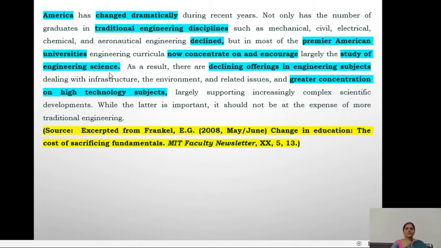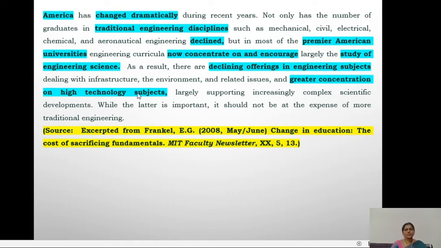They are concentrating more on the scientific courses. Declining offerings in engineering subjects, greater concentration on high technology subjects. These are the key elements that we could find in this particular bit of text. So we have a source here. Now what we have to do is put only these key ideas into our own words.